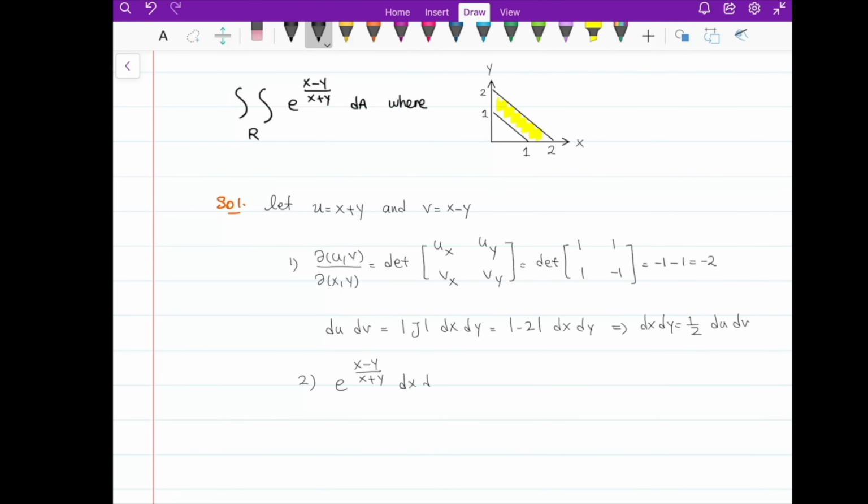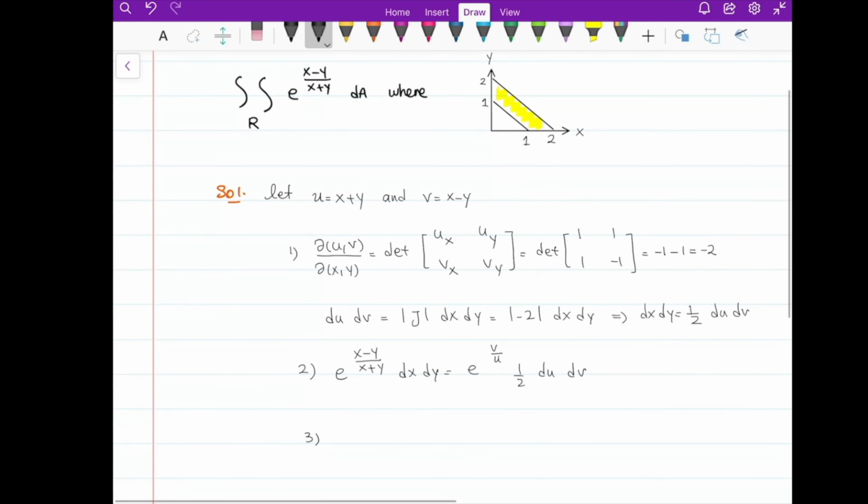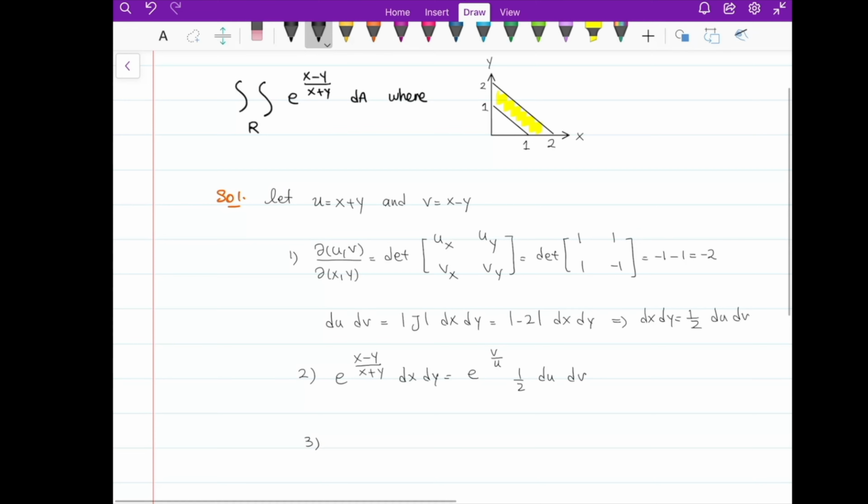It's gonna be e to the power of v over u, and then dx dy is 1/2 du dv. Okay, so the third step is to see what happens to the bounds.